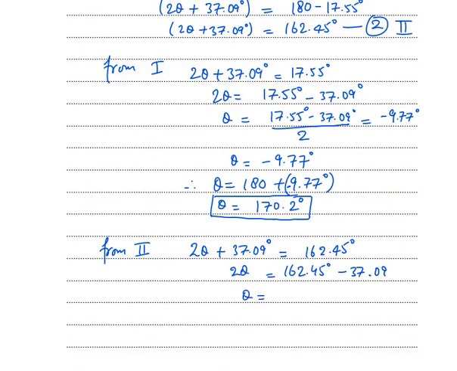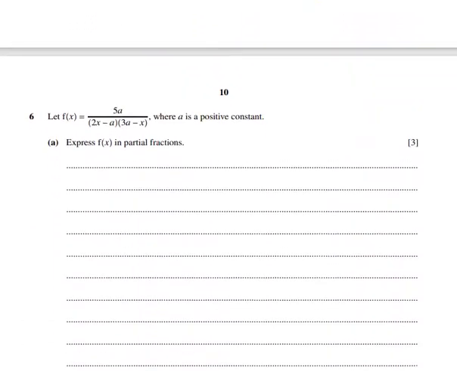Therefore, theta is equals to 125.36 divided by 2. And that is equals to 62.68 degrees. Or I can say theta equals to 62.7 degrees, rounding it off to 1 decimal place. So that's your answer. Okay. Moving on to next one.